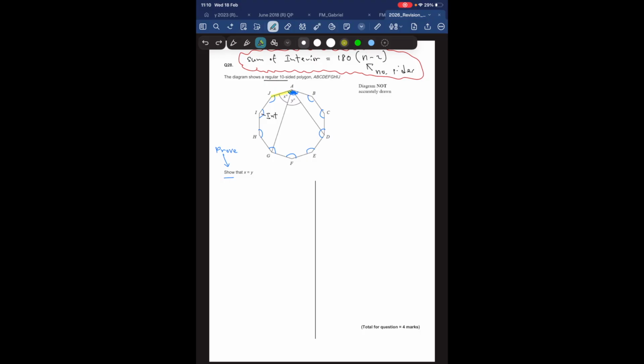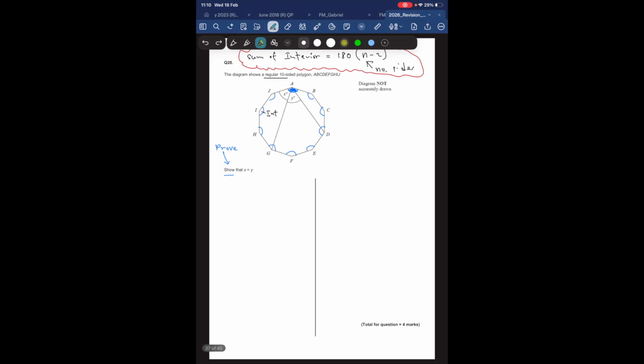We know that the formula for the sum of the interior angles is 180 times n minus 2. With the 10-sided polygon, n is equal to 10, so the sum of the interior angles will be 180 times 10 minus 2. If we work that out, that's 180 times 8, which is 1,440 degrees.